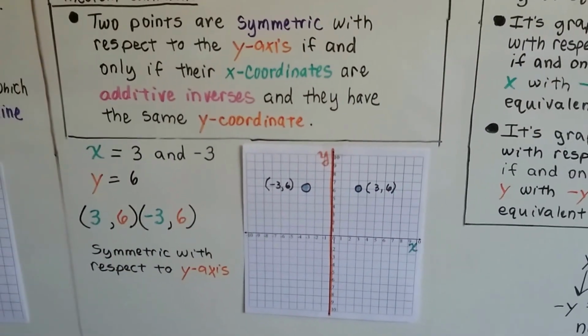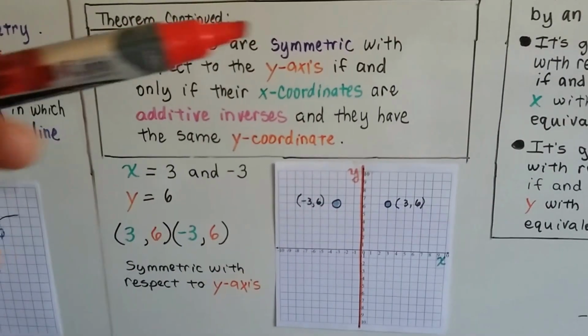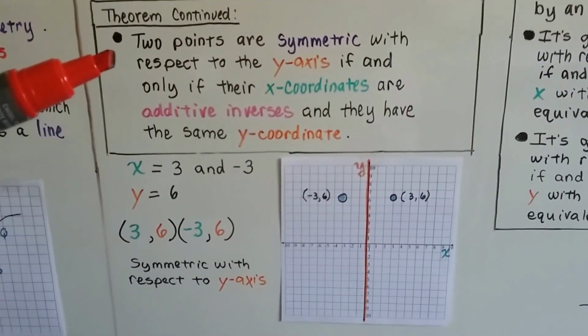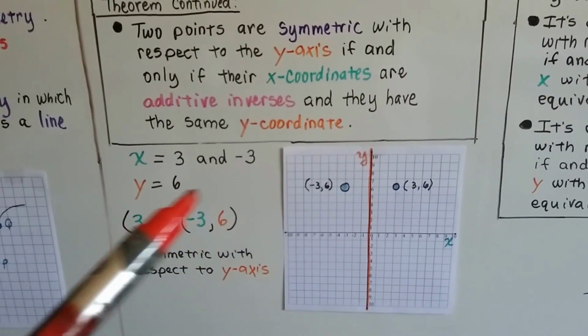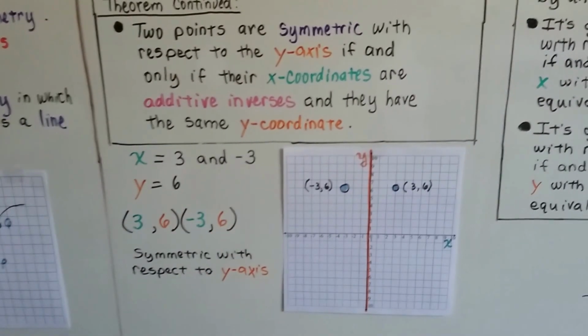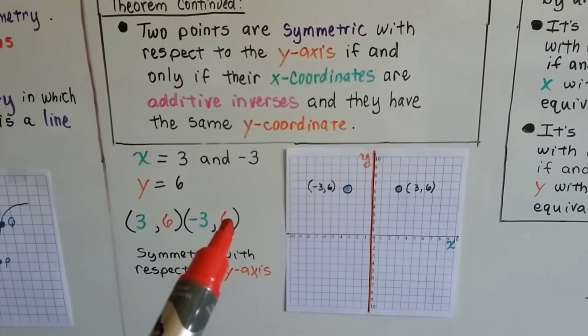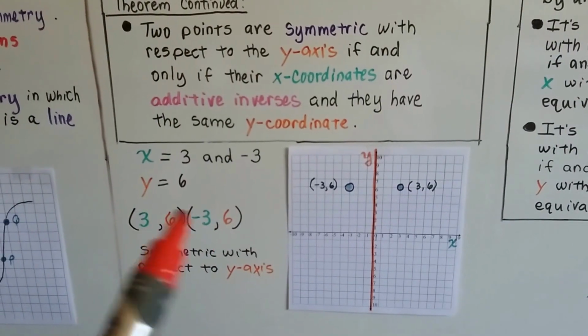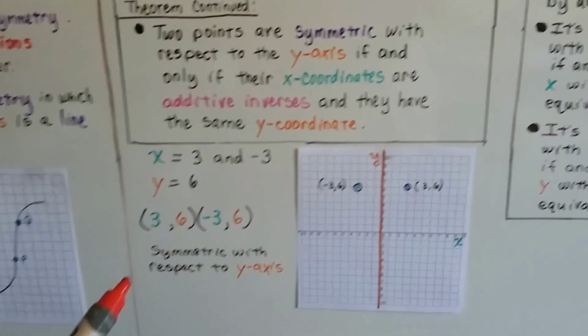So then we know the 2 points are symmetric with respect to the y-axis. So if they're symmetric with respect to an axis, it's the one that has the same number. See that? Isn't that a cool trick to remember it that way? So 6 is like an image of 6, even though it's the x that has the additive inverse. See how they kind of flipped?